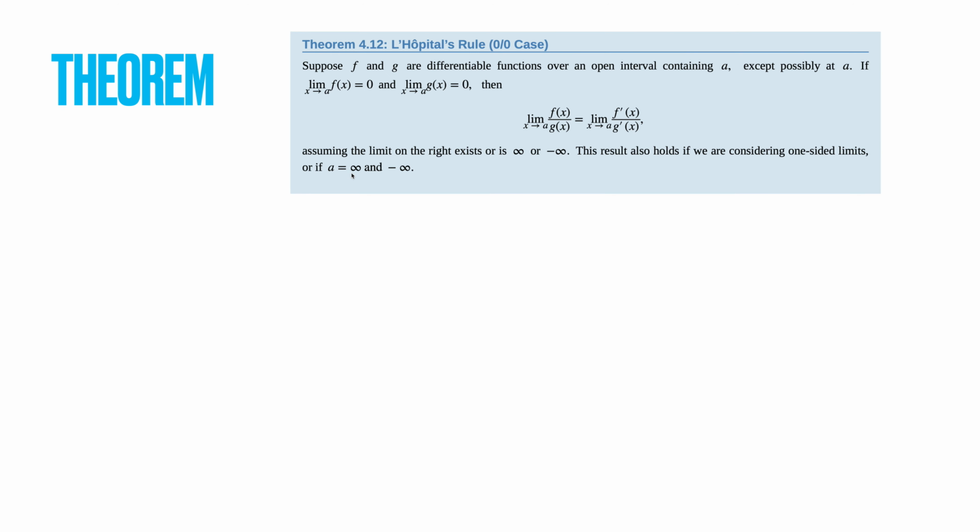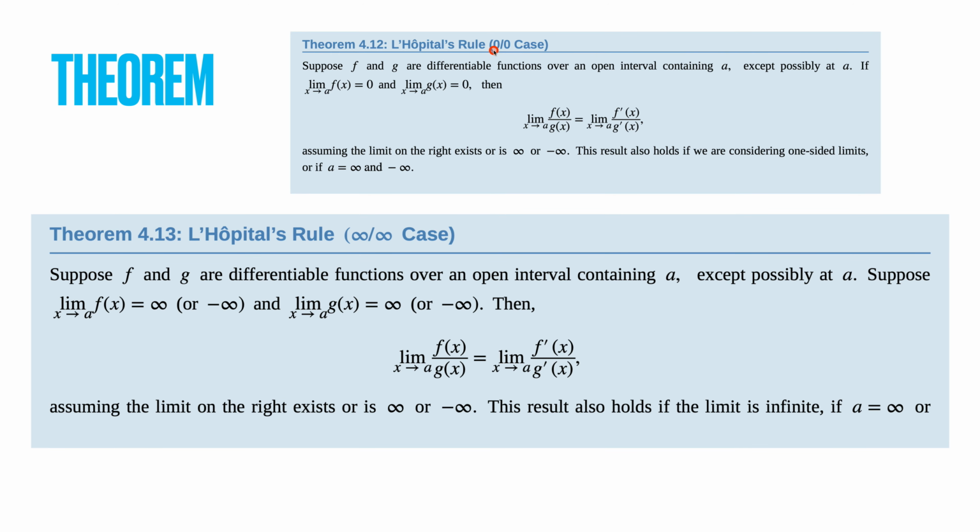Nice. The book then goes on and continues. It's shown the 0 over 0 indeterminate form case and makes note that the indeterminate form infinity over infinity may also be a case in which L'Hopital's applies.